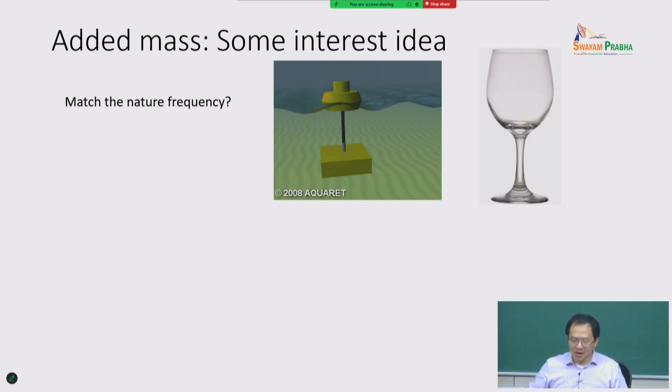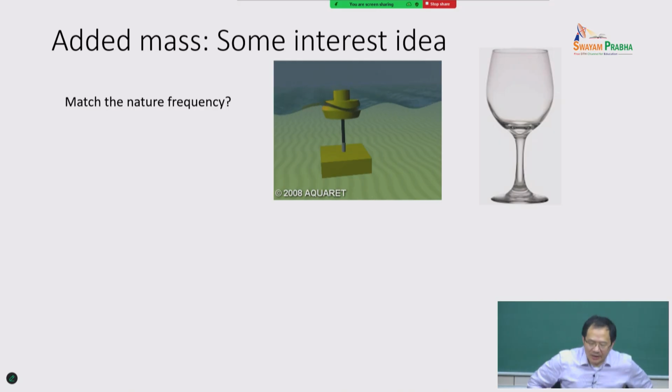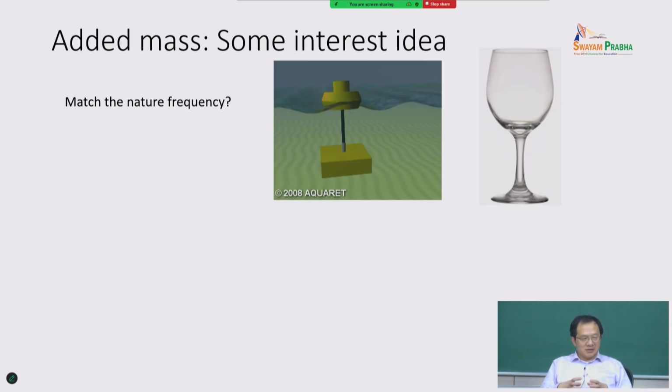Such an added mass concept can be used positively. This figure shows a buoy in the water. You see many cases where you have a small mass in the water, and the vibration frequency is very, very high. Why is it high? In the water, we have the added mass, the hydrostatic stiffness and the physical mass.